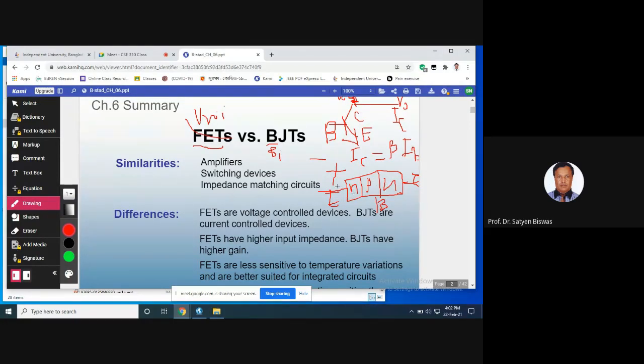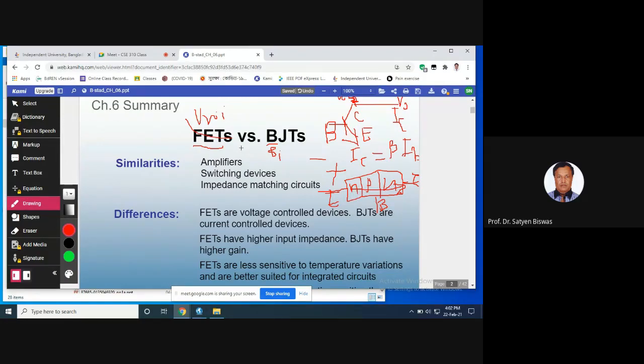So the current is generated by both types of carriers, electron and hole; both contribute to the current, right? Understand? Yes sir, now I understand why it's bipolar. That's why it's bipolar. But in FET there is nothing like that. Either there will be only electrons, only N, or only P.